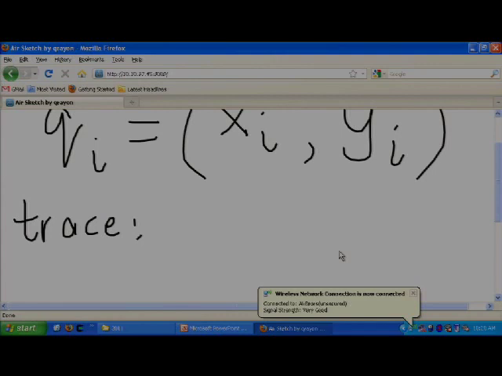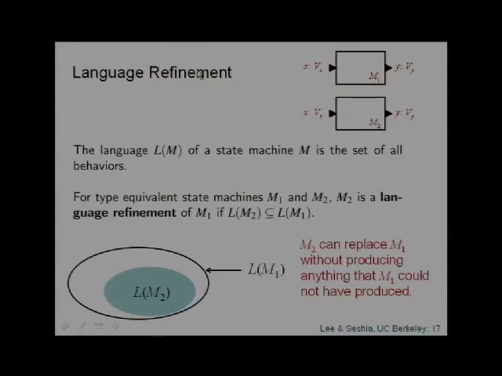Okay, so now this is a notion that you have to fix in your mind. The language of M is a set of all behaviors, all input-output traces. And now the definition of language refinement is that M2 refines M1 if the language of M2 is a subset of the language of M1. Okay, so the language of a machine in general is an infinite set, right?